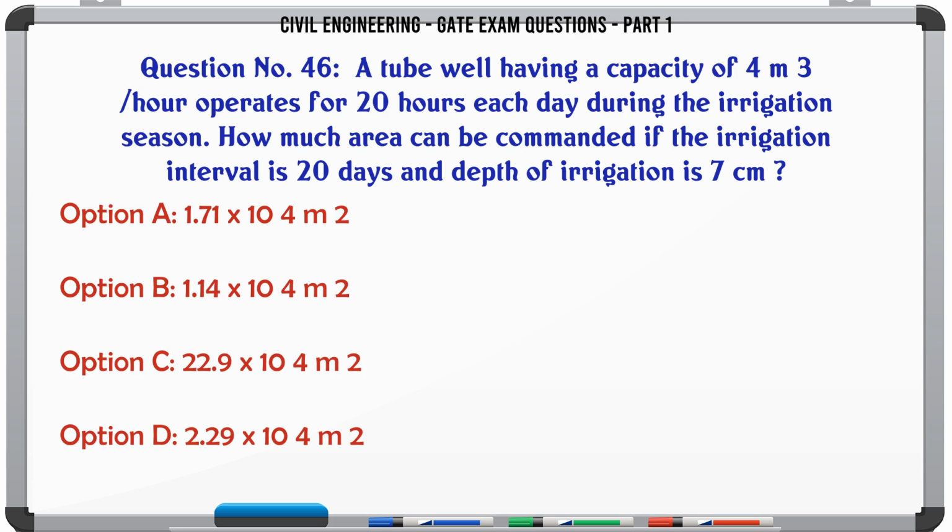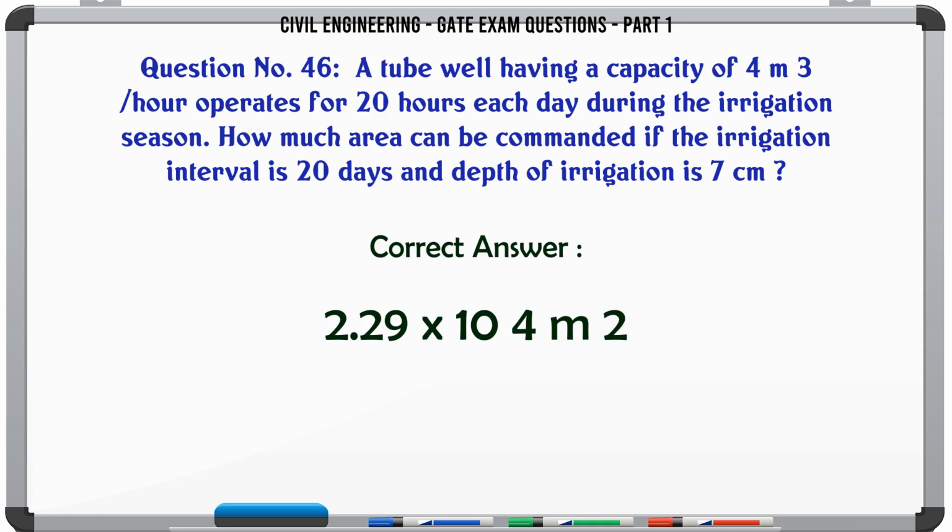How much area can be commanded if the irrigation interval is 20 days and depth of irrigation is 7 cm? A, 1.71 × 10⁴ m²; B, 1.14 × 10⁴ m²; C, 22.9 × 10⁴ m²; D, 2.29 × 10⁴ m². The correct answer is 2.29 × 10⁴ m².